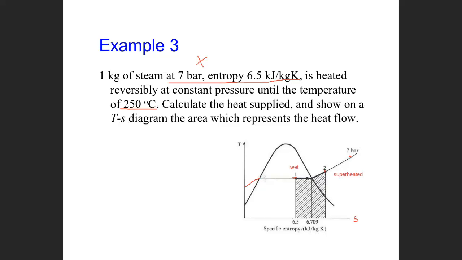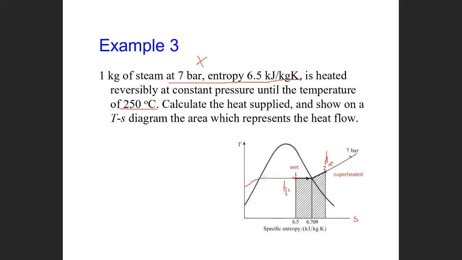And then we can use the dryness fraction to calculate the enthalpy of state 1, and the enthalpy of state 2. So for the heat flow, we can just use the enthalpy difference following the first law of thermodynamics.